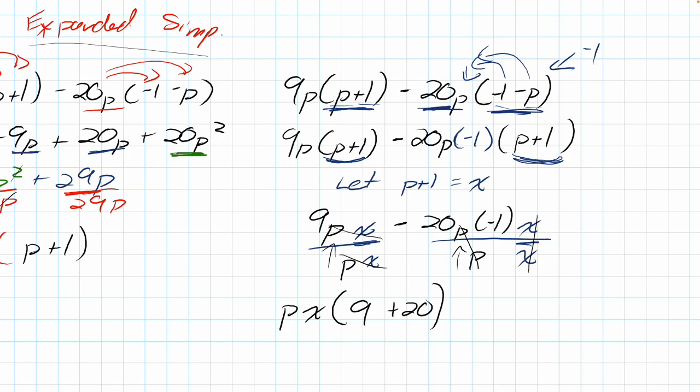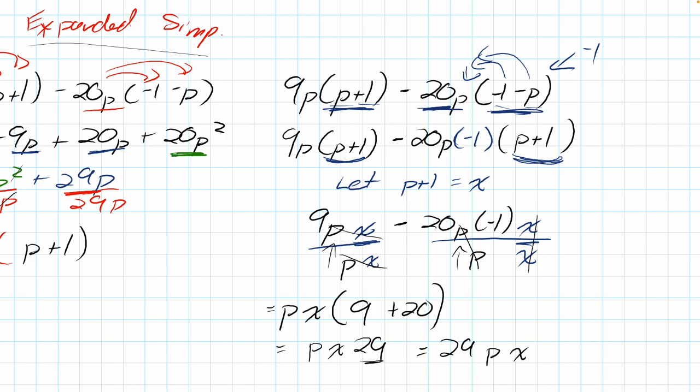Take a look at that. Is that something we can simplify? Yeah, I can simplify that. What would that be? px times 29. How do we normally write a number like that? 29p. Yeah, we usually write the numeric value we know in front of variables, right? So I could say that's actually equal to 29px.